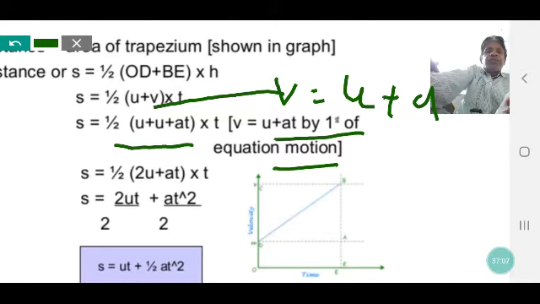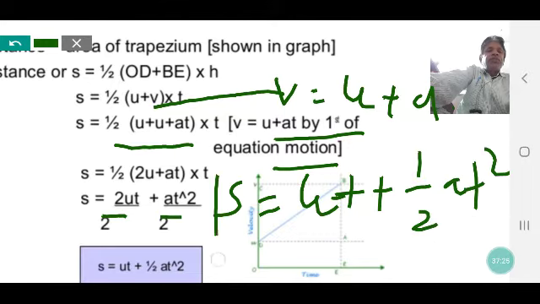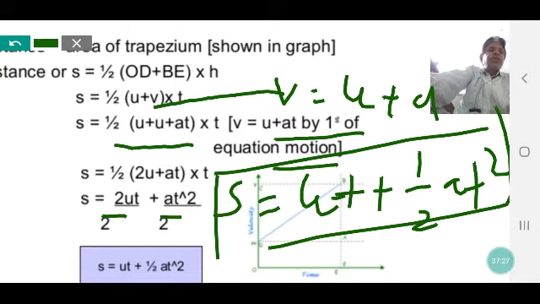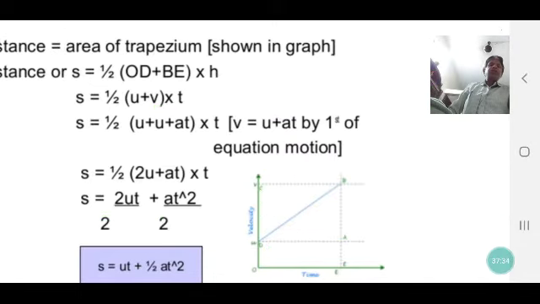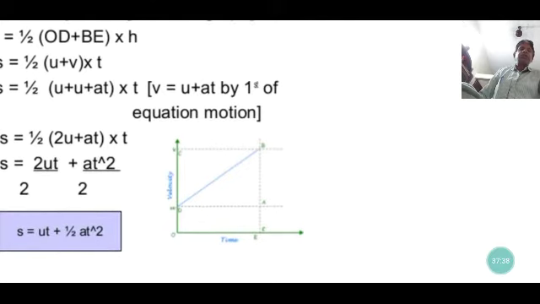That means the half cancels, and we get s is equal to ut plus half at squared. That is the second equation of motion. It is obtained by calculating the area of the trapezium. If we calculate the area of the trapezium, we get the total distance, the displacement covered.